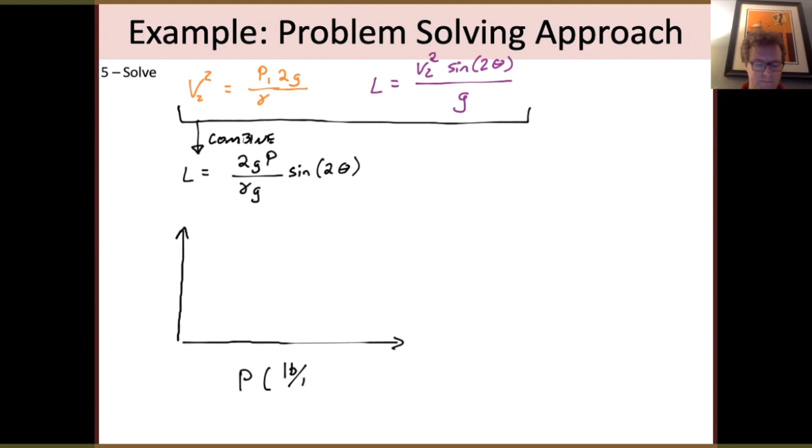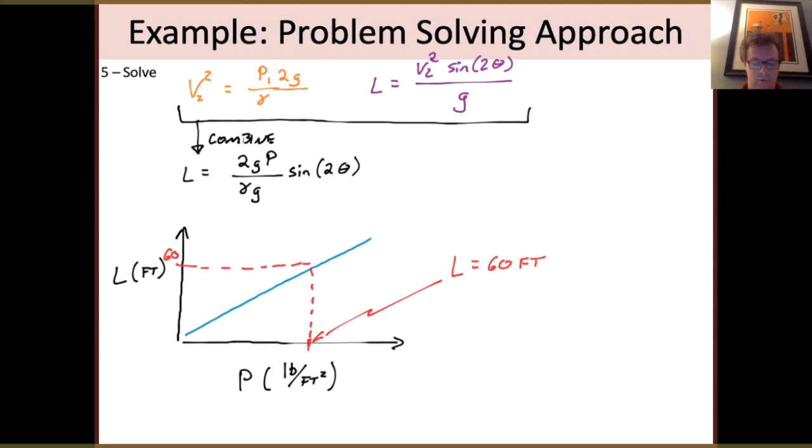So you could solve this. You can plug in L equals 60 and actually solve this equation out. What you get here is a linear relationship that the length that you can squirt water is directly proportional to pressure. So double the pressure, double the length that you can squirt, for example.